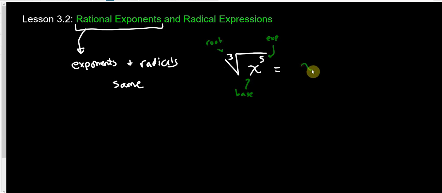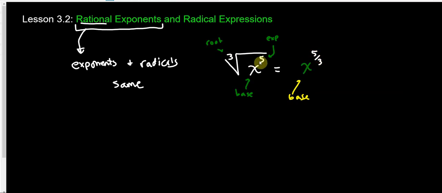So keeping x as the base, I can rearrange something here. I can write this root as an exponent, a fractional exponent. That's why it's called a rational exponent. And this would be x to the 5/3.